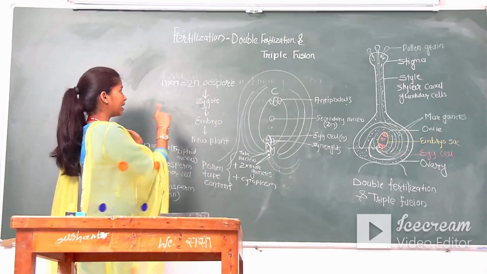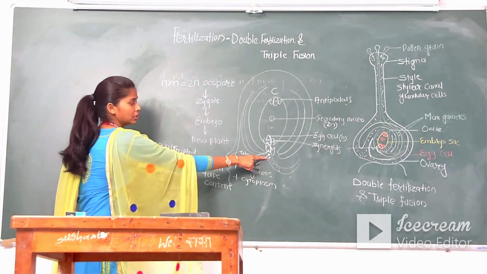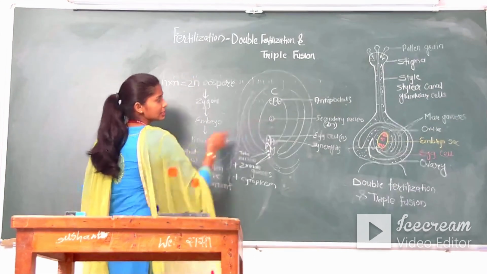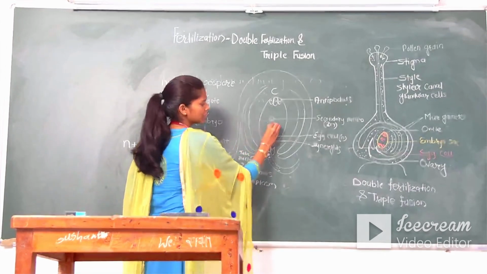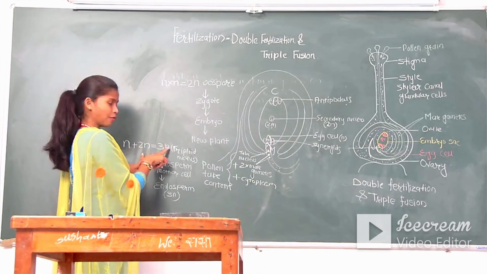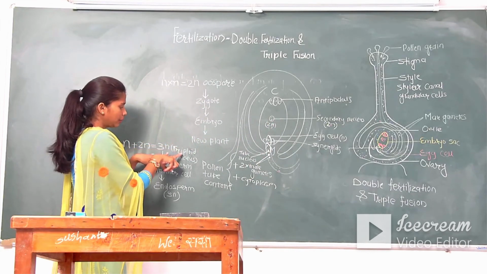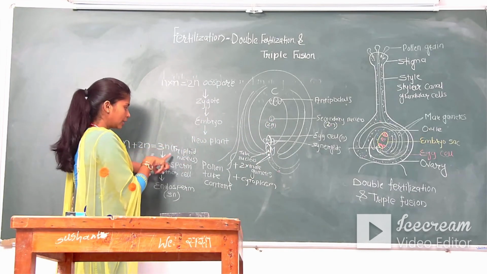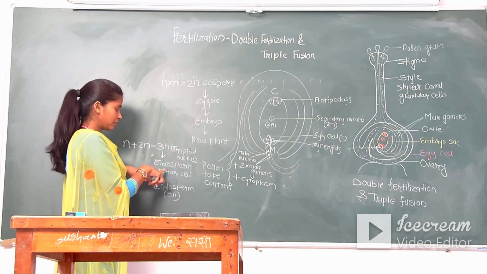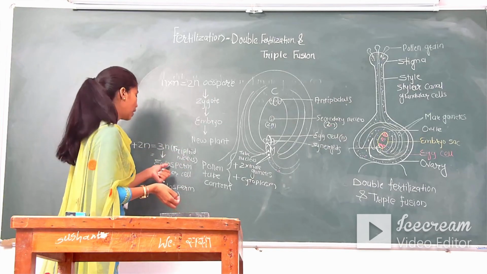Now, in the second reaction, the second male gamete of the pollen tube fuses with the secondary nucleus, which is diploid. So n plus 2n forms the 3n condition. This 3n triploid nucleus is the nucleus of the endosperm, which acts as the endosperm mother cell and gives rise to endosperm.